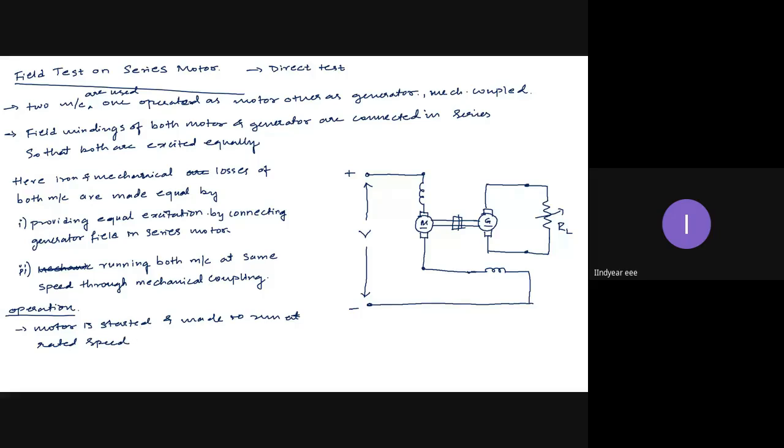Then the load RL on the generator is varied until the motor draws rated current.